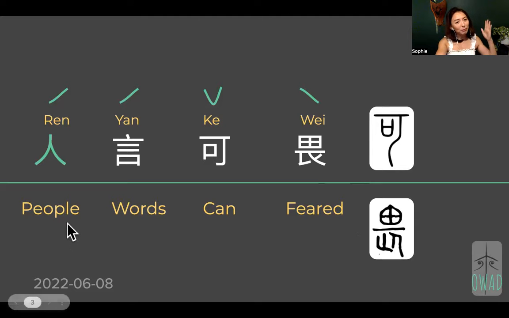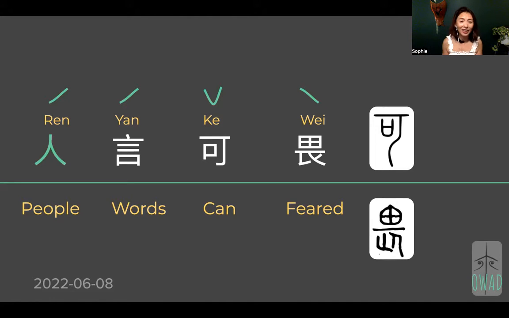So what do I mean? People's words can be feared. Chinese has a lot of four-character expressions, and it's almost like a short story condensed into only four characters. A lot of the glue words that make the language flow correctly in English disappear, so we only capture the most important concept.